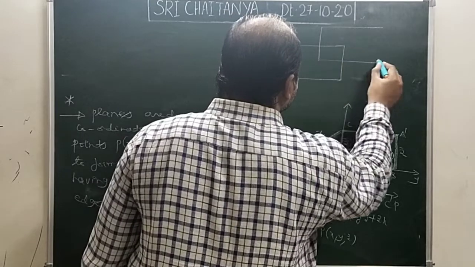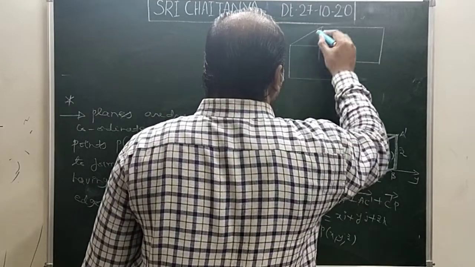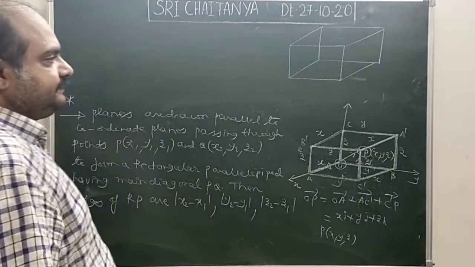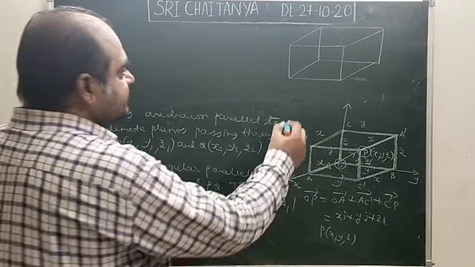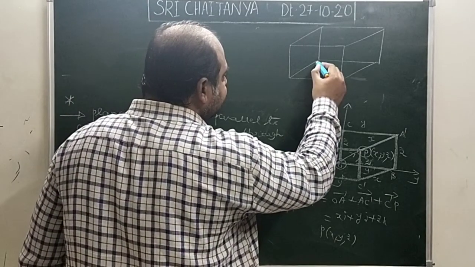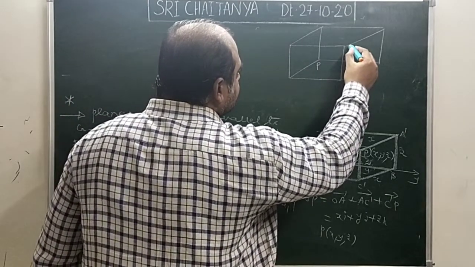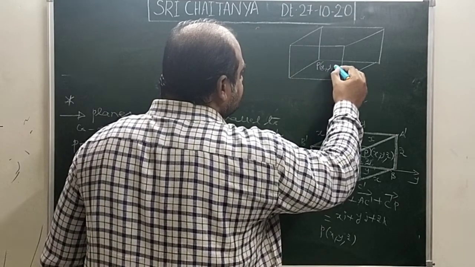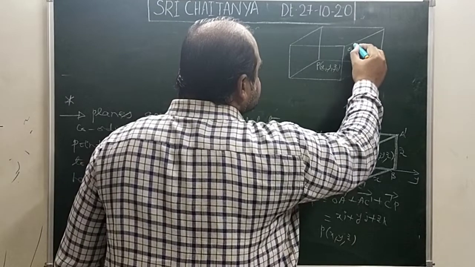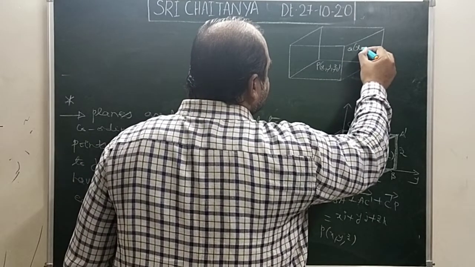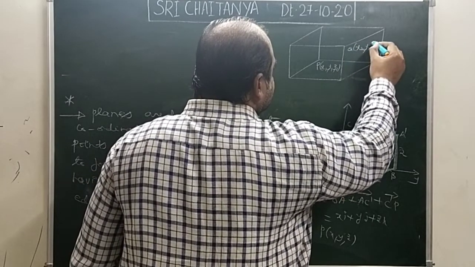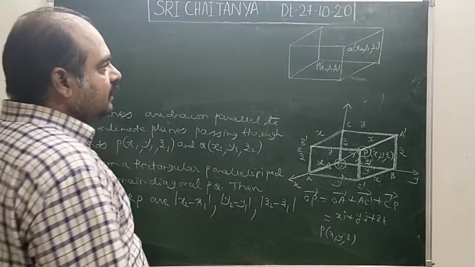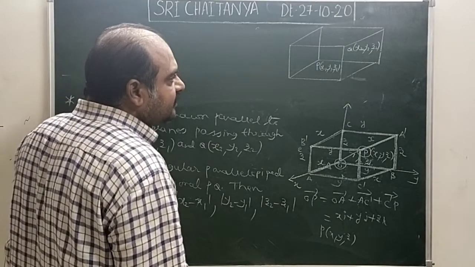This is another rectangle. So join this, join this, join this, join this. Right? Now this is P given, instead of the origin, this is given x1, y1, z1. This is given x2, y2, z2.